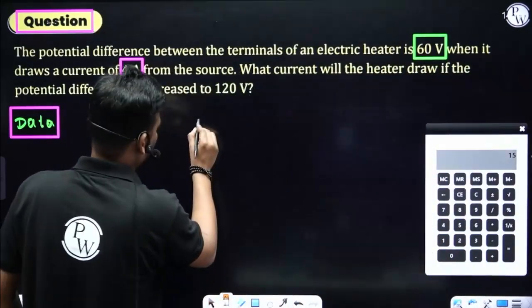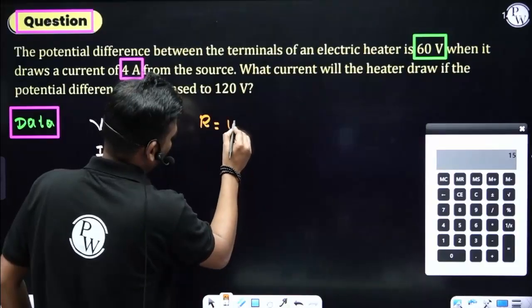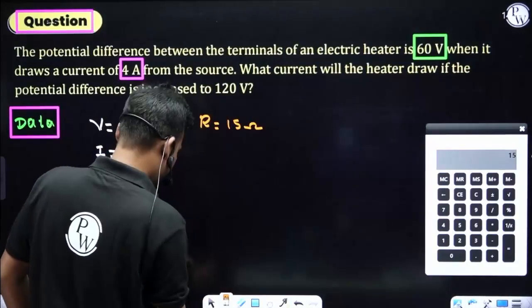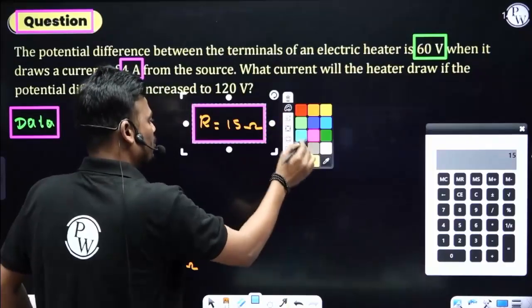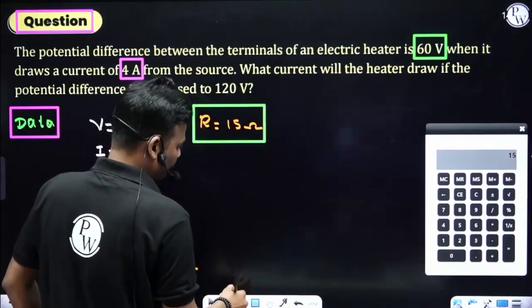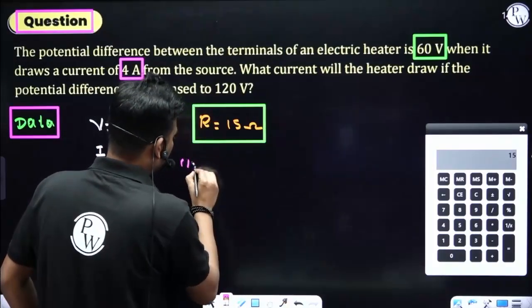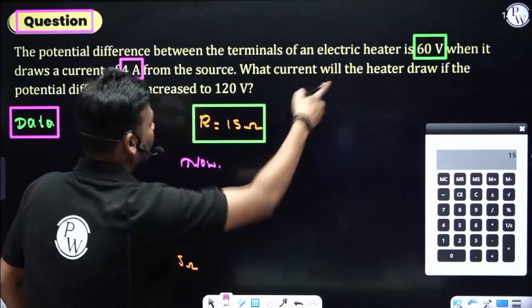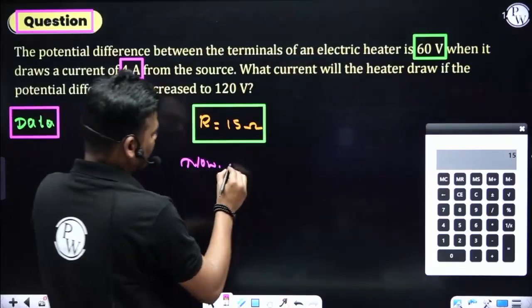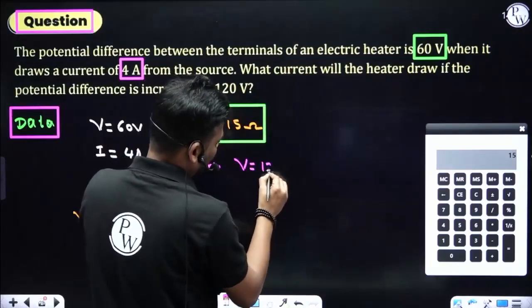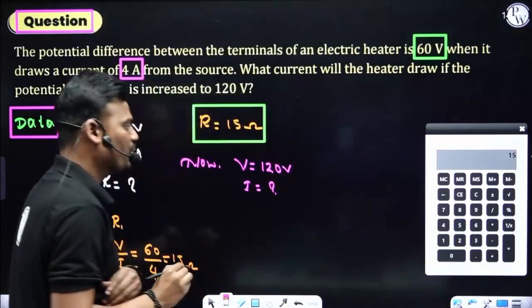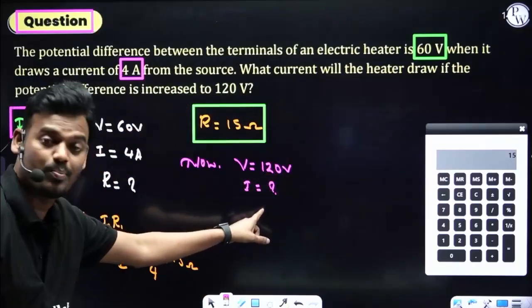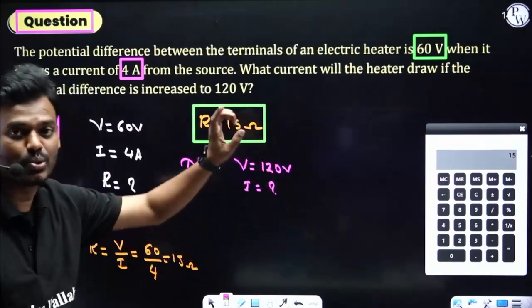Now I'll write R equals 15 ohm. So the resistance value we got to know. Now the potential difference is increased to 120 volt. Then what happens to the current? According to Ohm's law, as the potential difference increases, the current in the conductor also increases.